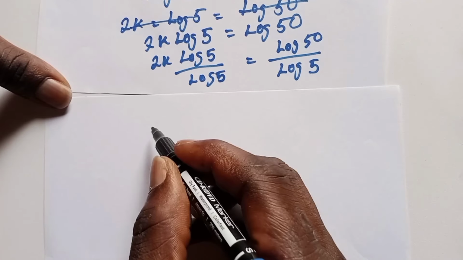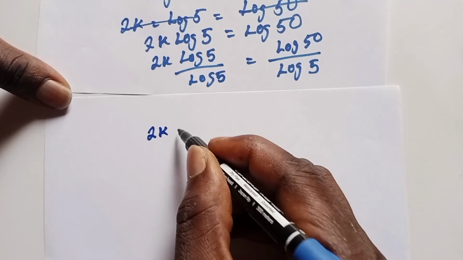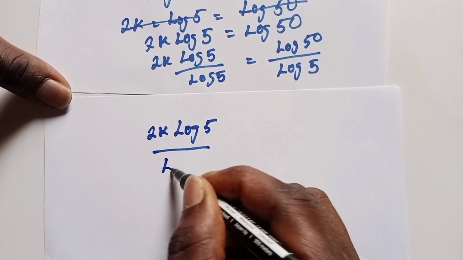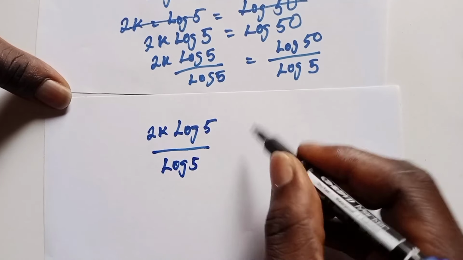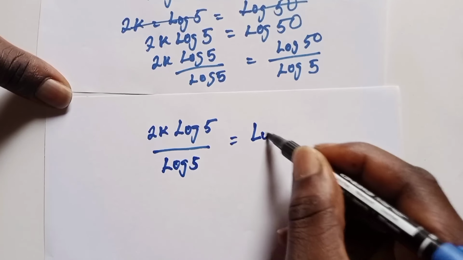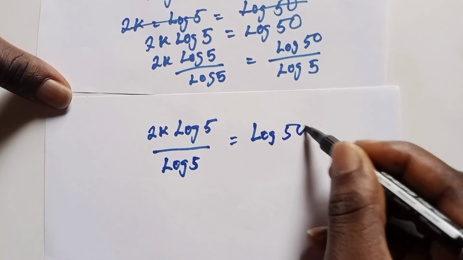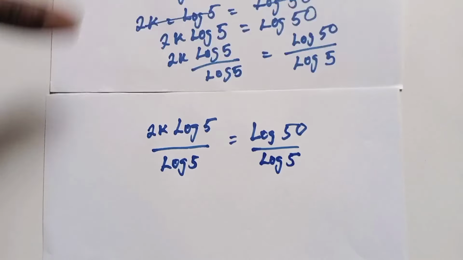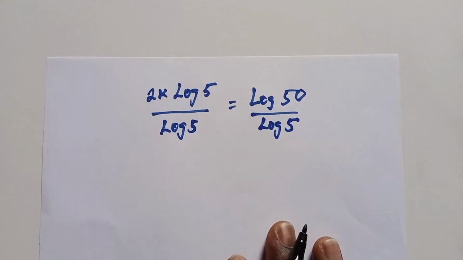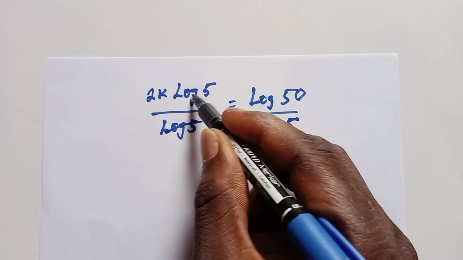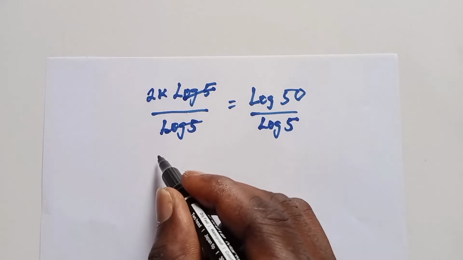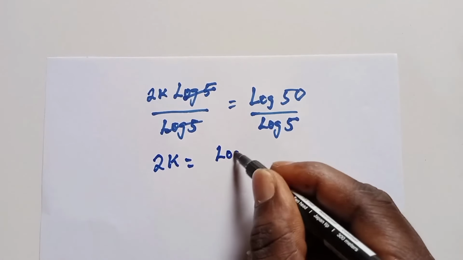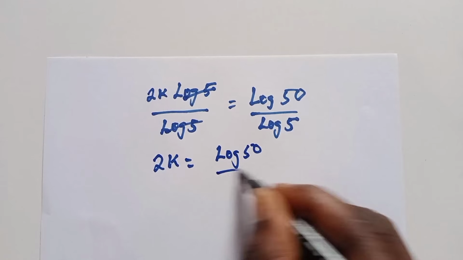So from here, we cancel out log 5, and we are left with 2k is equal to log 50 over log 5.